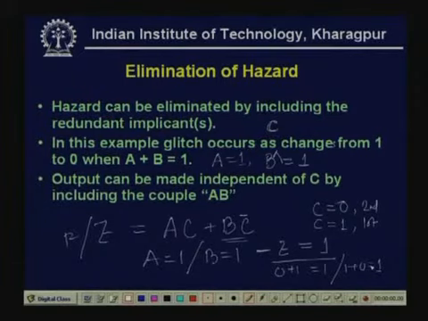So, whatever be the value C takes, 0 or 1, that Z should be 1. That means, it is independent of C.